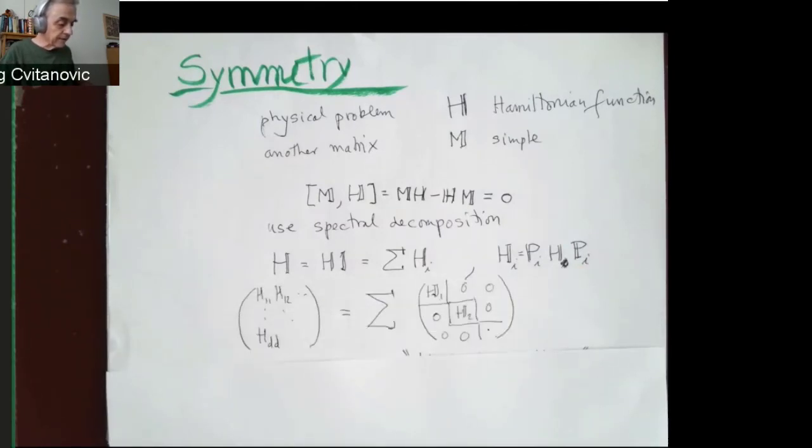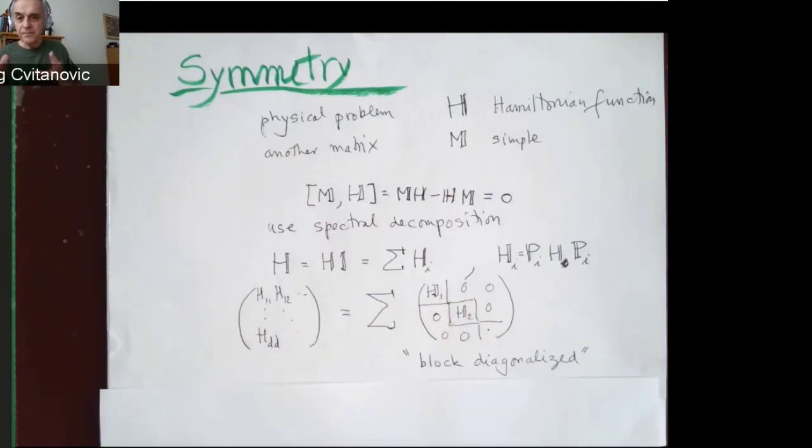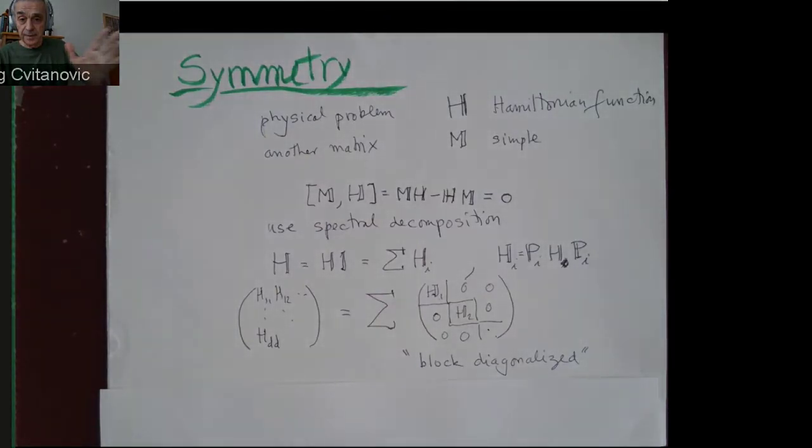And you can visualize this by saying the original Hamiltonian was a big matrix, this guy here, but now we write it as a sum of blocks, where it's a small matrix in a first block corresponding to the first eigenvalue of this other matrix M. Second block, the eigenvalues of the simple matrix, let's say symmetry matrix M, block diagonalize the big thing. So instead of having calculations with d square elements, we have a smaller calculation in each block.